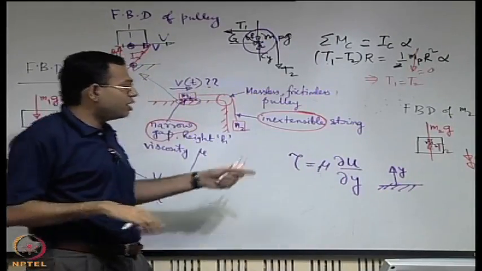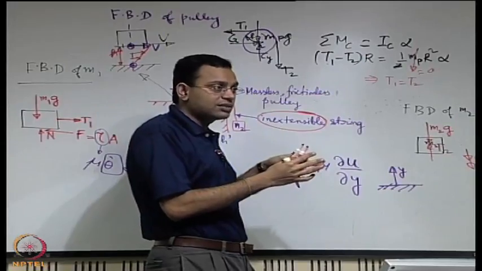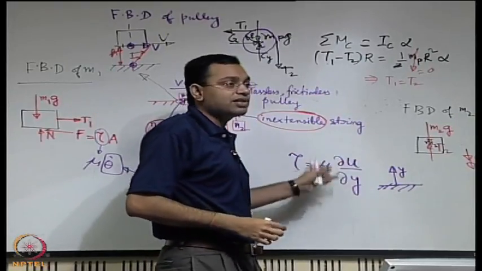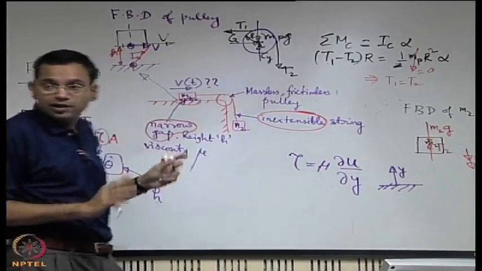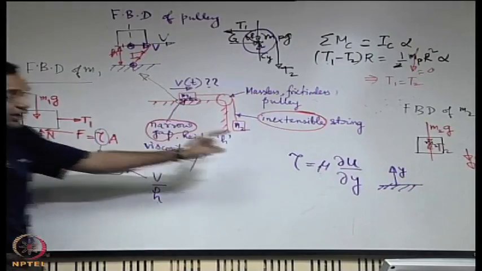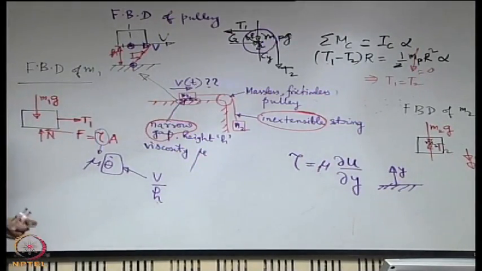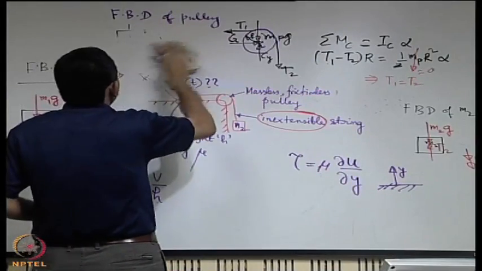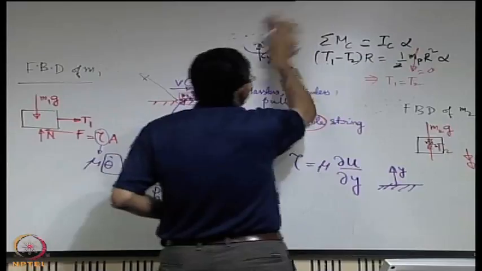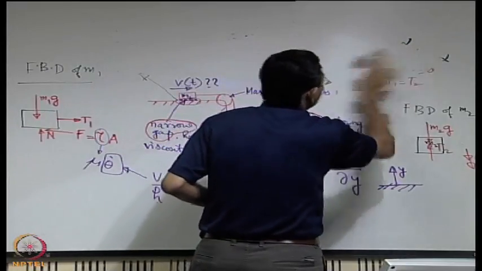So, if you are having a different type of coordinate axis, then you have to adjust this with a plus or minus sign. You have to keep in mind that this is the orientation that we had considered for describing Newton's law of viscosity, and that sanctity should be preserved. With that understanding, now we write the equations of motion by Newton's second law, which should be straightforward.